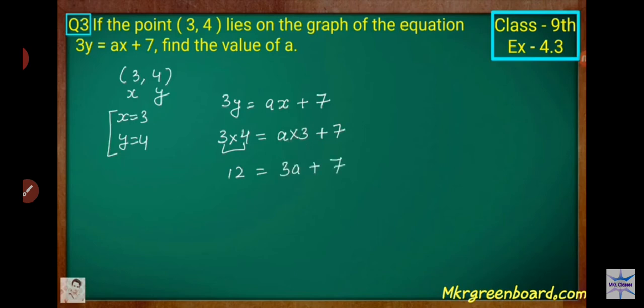Understand? So 7 is transposed to the LHS. 12 minus 7 is equal to 3a, that is 5 is equal to 3a. So a is equal to 5 upon 3. a is equal to 5 upon 3 is your answer. Okay? Understand?